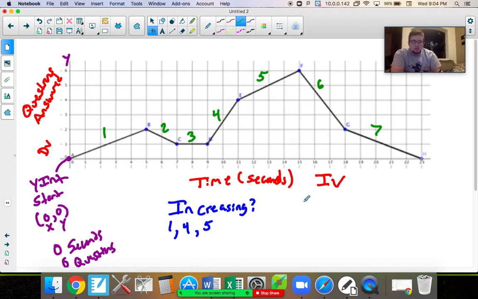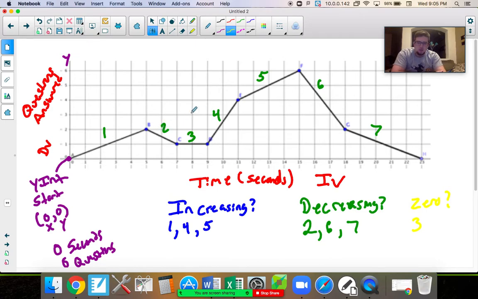We're going to include a few of these sections as decreasing. So those sections would be 2, 6, and 7. That leaves our last one, number 3 here. Section 3 is known as a 0 slope.